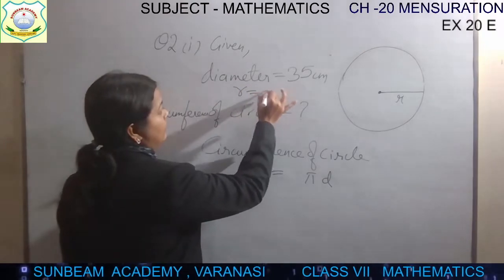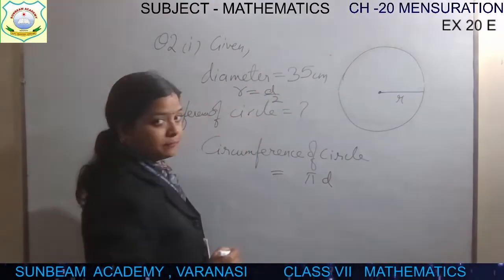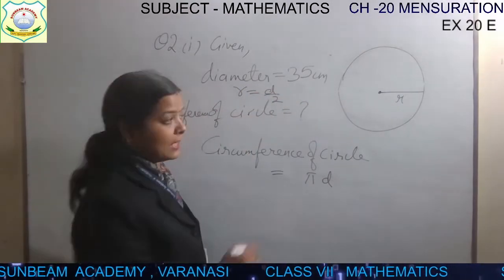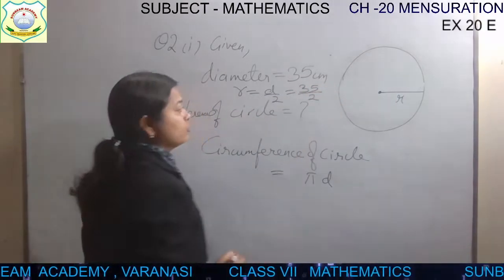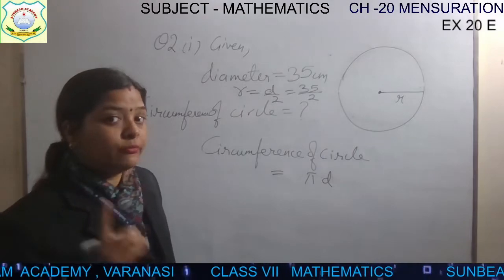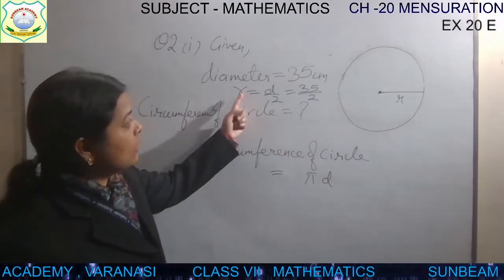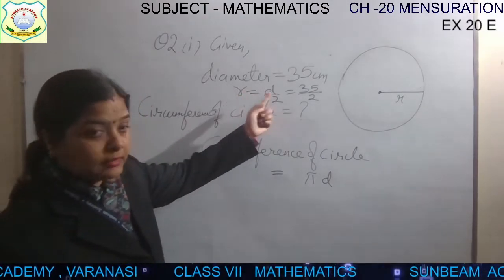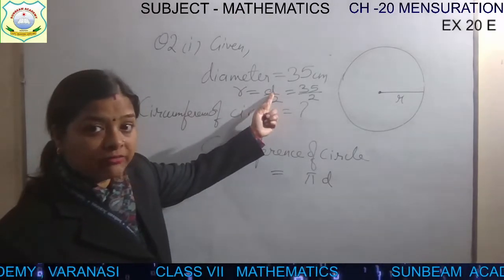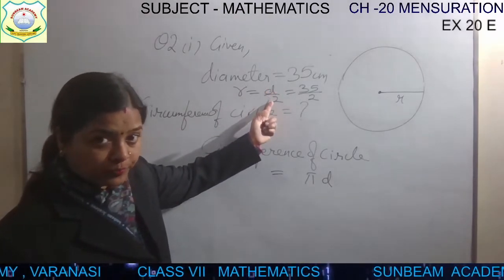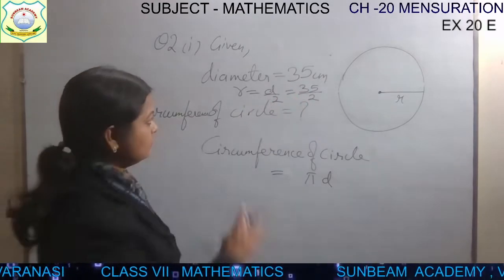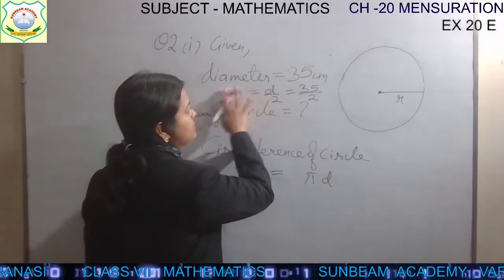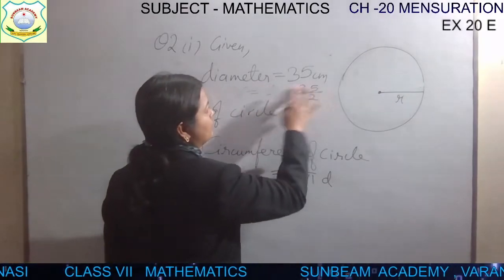Radius is half of the diameter. So you have to write diameter 35 centimeter by 2. This will be the radius. If you are using 2 pi r, then you have to first find the radius. But I am not using that formula, so I will not calculate it.